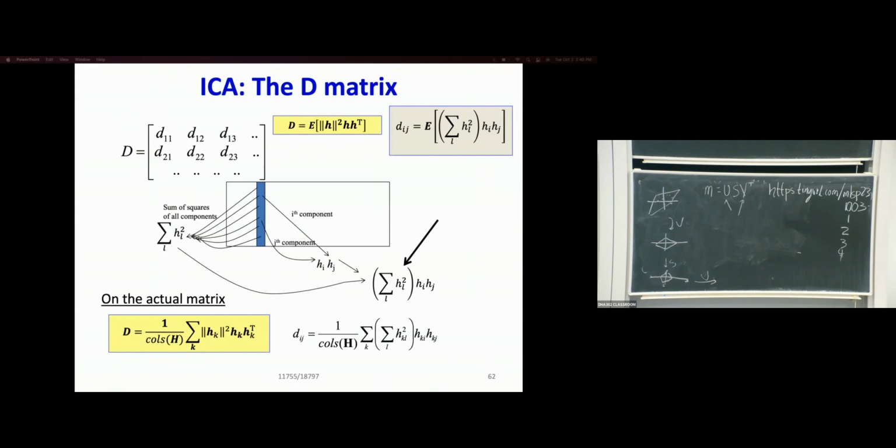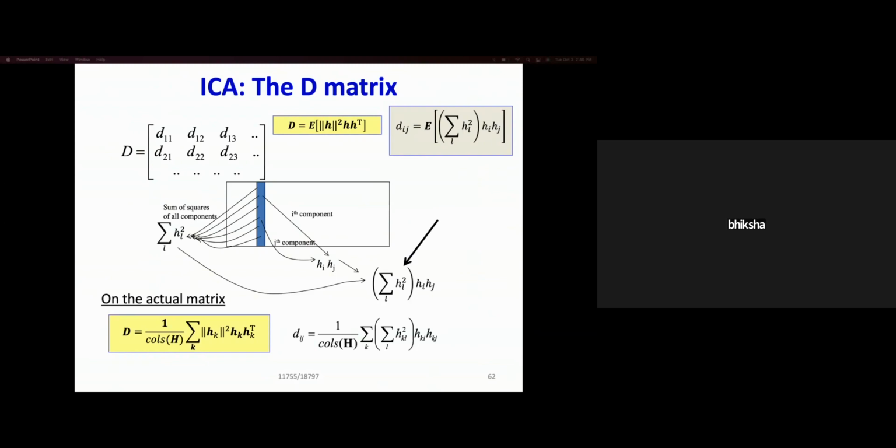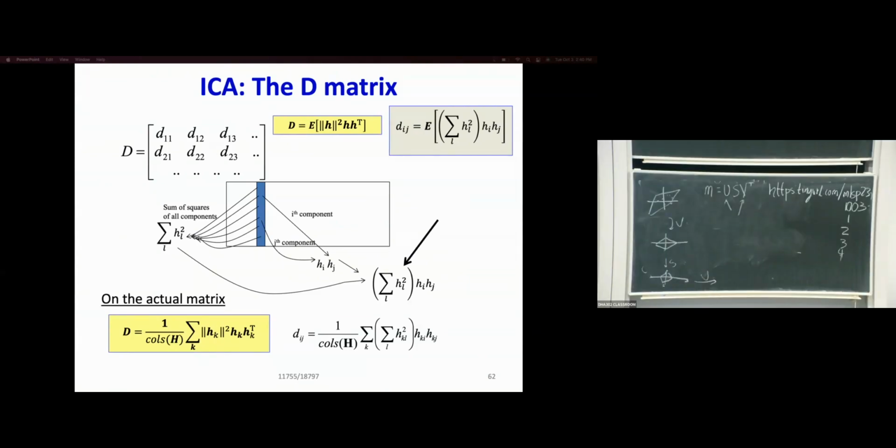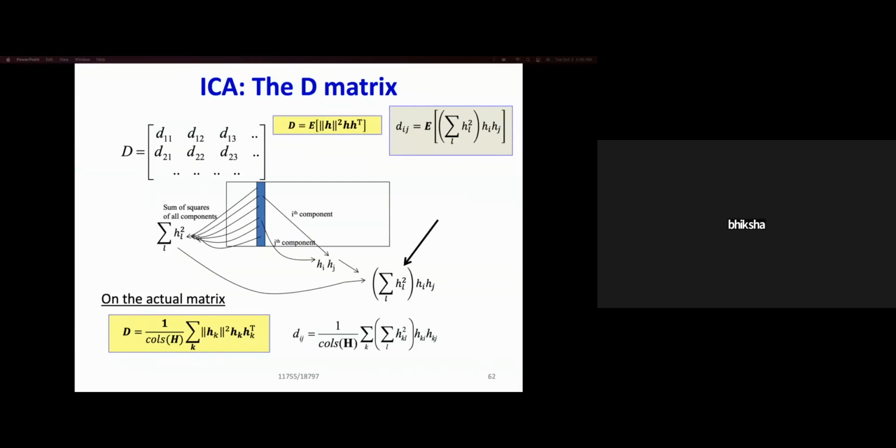HK transpose HK will be a number, like a magnitude, and HK HK transpose will be a matrix. This is almost exactly like your correlation matrix. Your correlation matrix is simply the average of HK HK transpose, right? This is a correlation matrix, except it's an energy weighted correlation matrix. So it's norm HK squared times HK HK transpose, being summed. That's it. Very, very minor change.